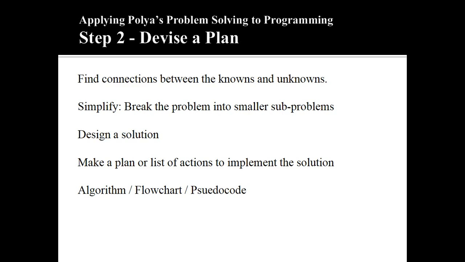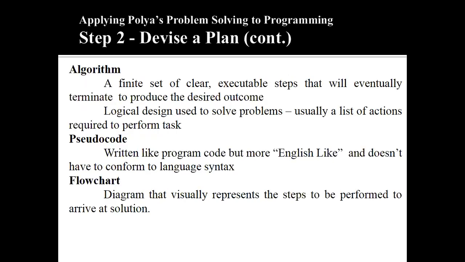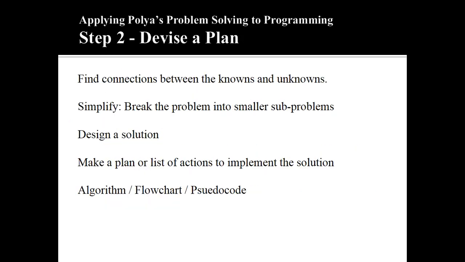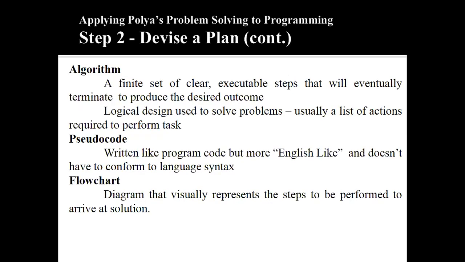Make a plan and implement that plan to solve the problem, and then check whether this is a good one or not. In computers, we have algorithms, flowcharts, and pseudocode that help to solve the problem. An algorithm is a set of steps to solve a specific problem.